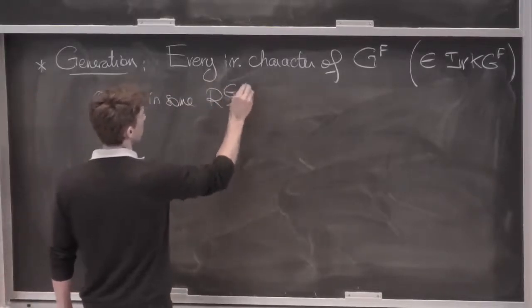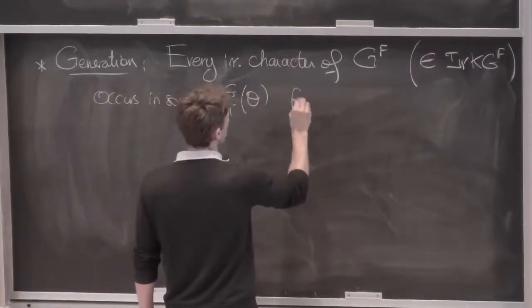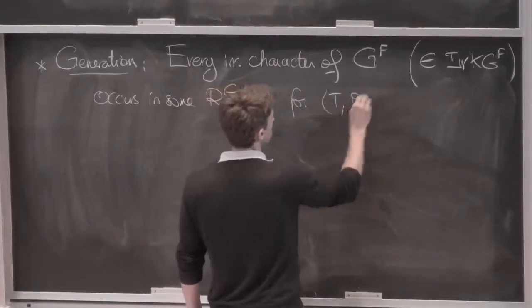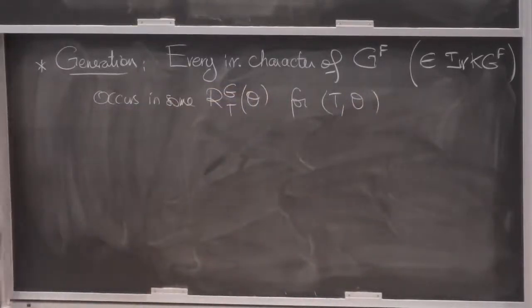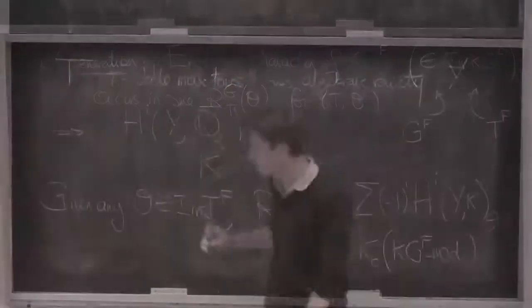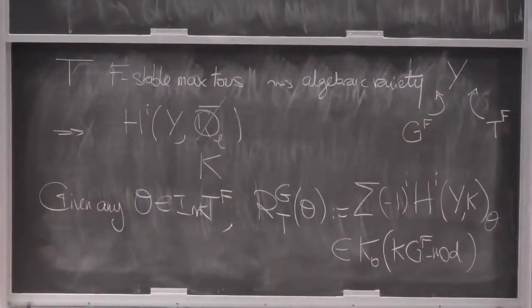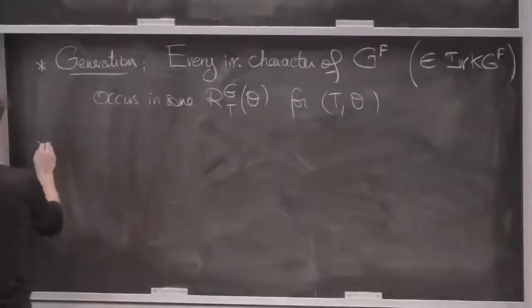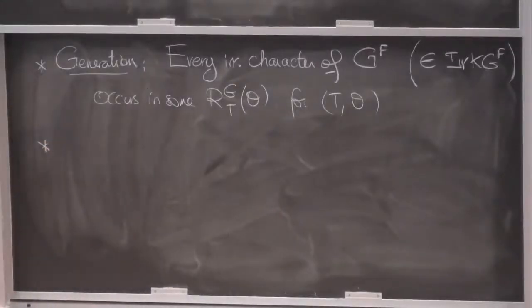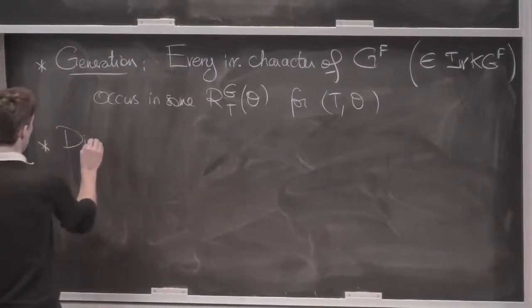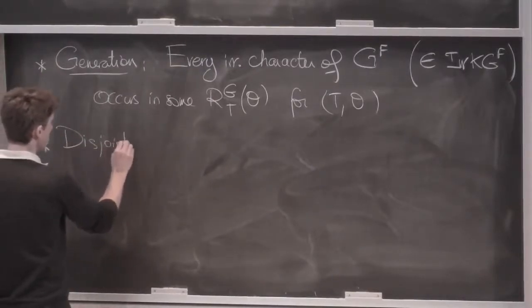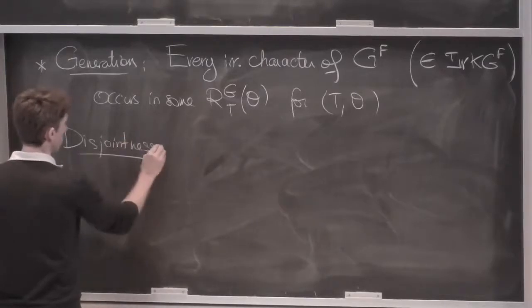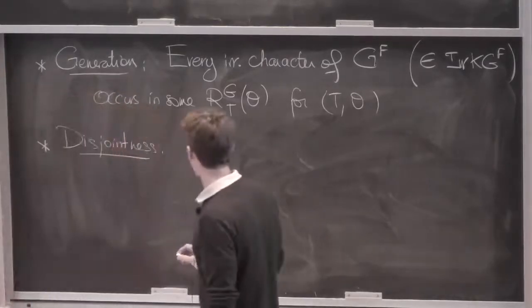So for a pair T and theta, T being some F-stable maximal torus, theta some irreducible character of the finite torus. So that's one property, but you can also tell when two Deligne-Lusztig characters will have a common constituent. So that's a result about the disjointness of the constituents of these characters.